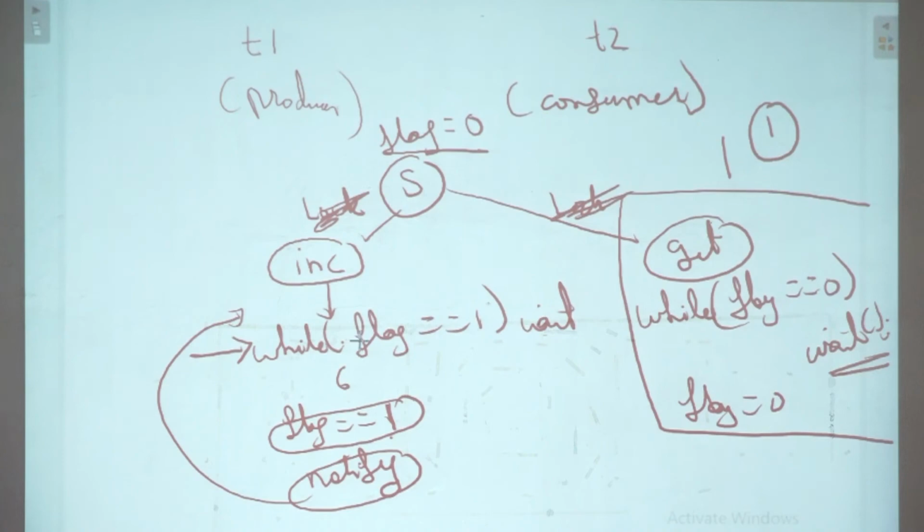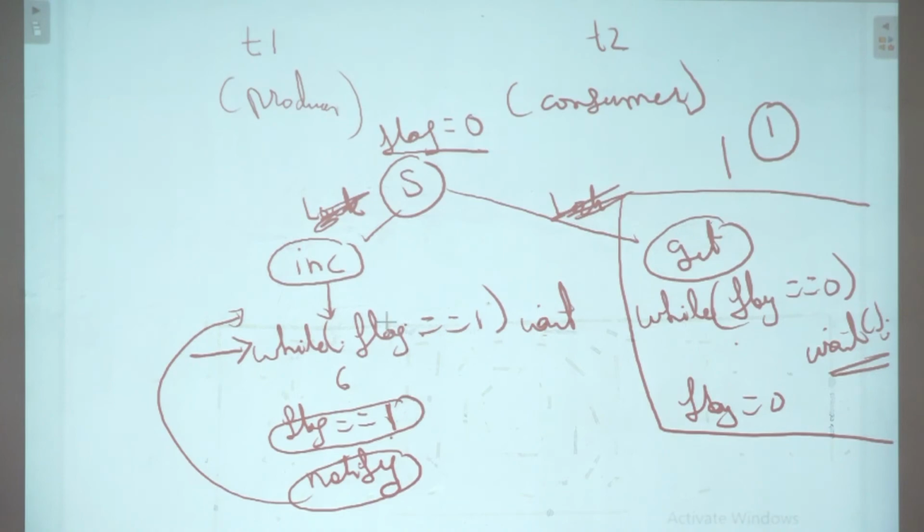So you see, using the flags, I am ensuring that until the consumer consumes, the producer doesn't get a chance to run, or until the producer has produced, the consumer doesn't get a chance to run. So I have ensured that the producer has to produce, then the consumer will consume, and until the consumer has consumed, the flag will remain 1.